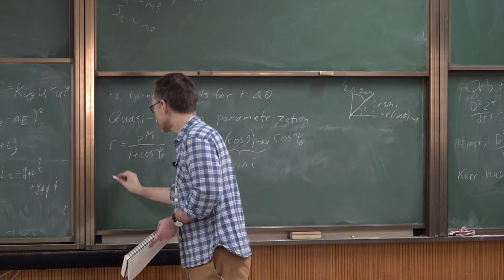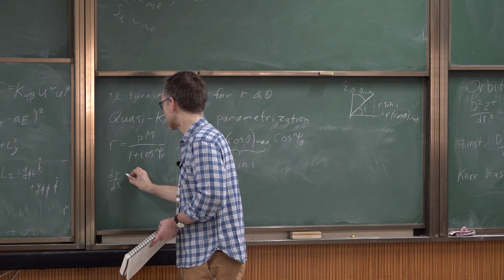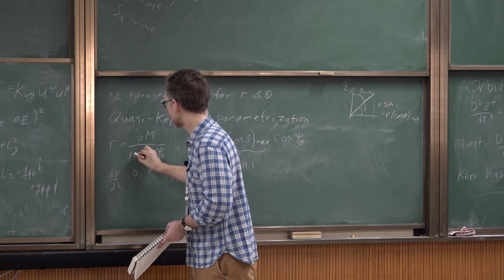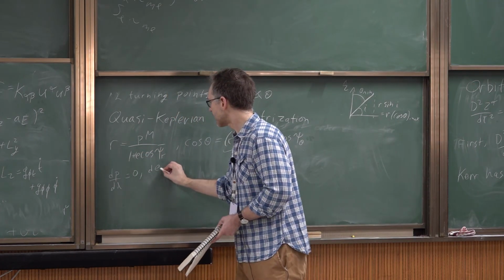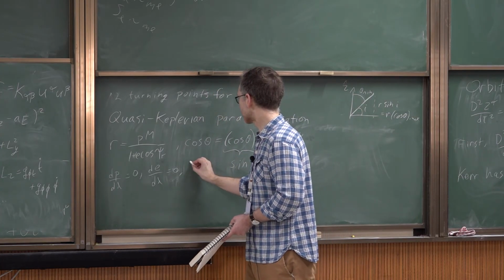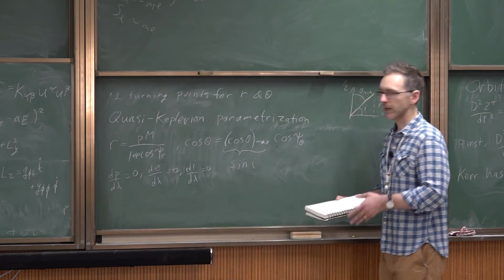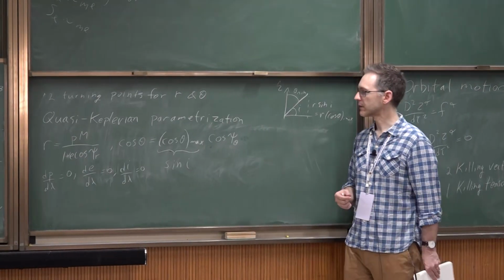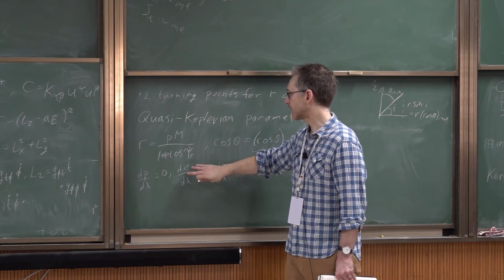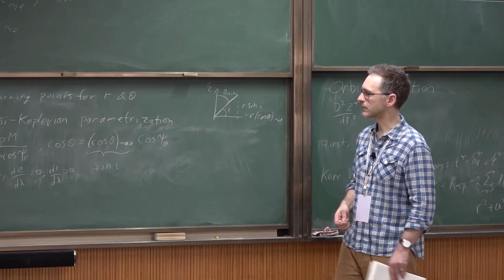I'm going to impose that dp d lambda is 0, dE d lambda equal to 0, and dI d lambda equal to 0, just like you would have for a Keplerian orbit. These are constant quantities. So we have the semilatus rectum p, the eccentricity E, and the maximum inclination angle I as constants.